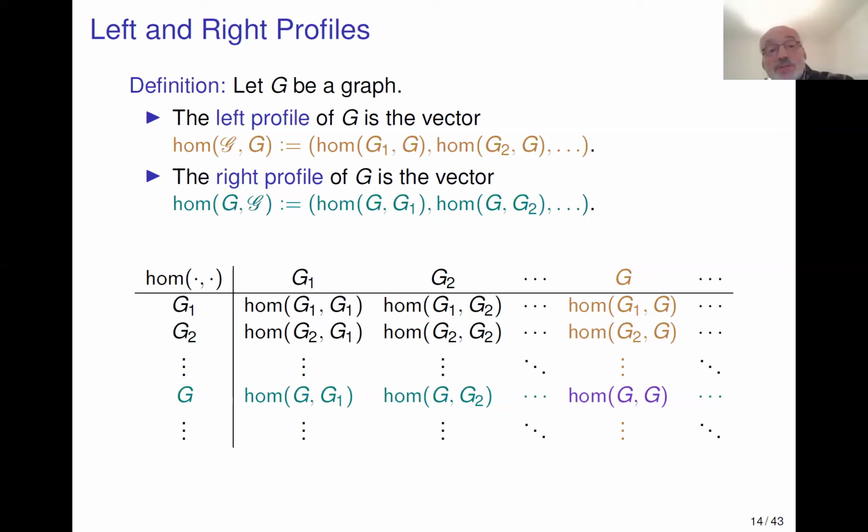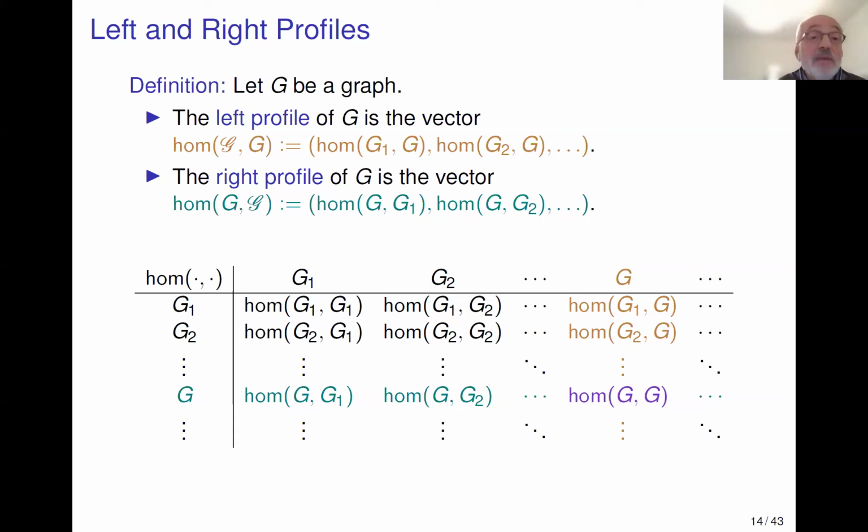Go over all the rows. So you have hom(G1,G), hom(G2,G), at some point you have hom(G,G), etc. This column vector is called the left profile of G. In other words, it is the vector of all homomorphism counts from some graph to G.